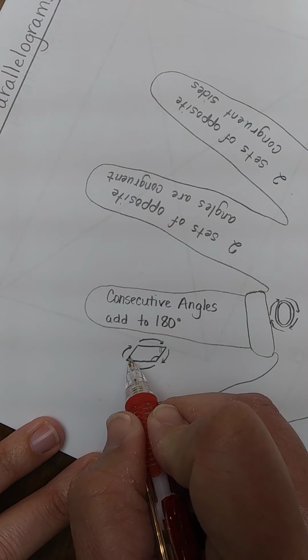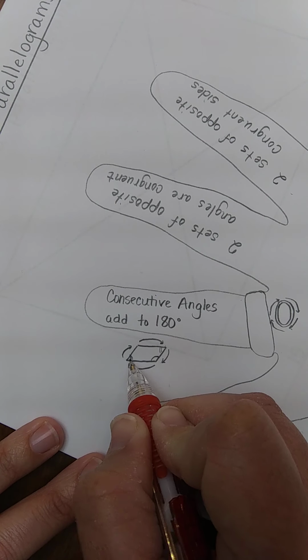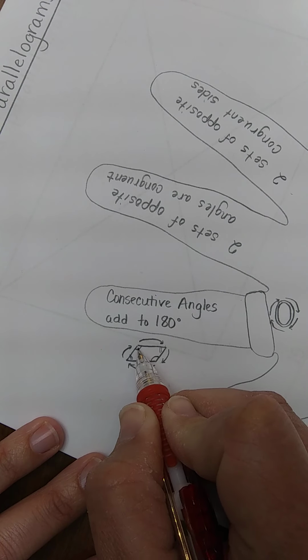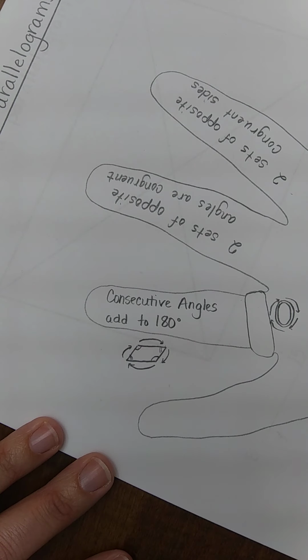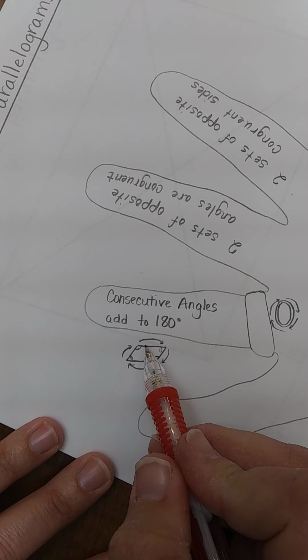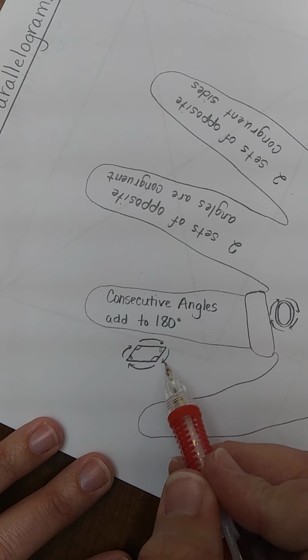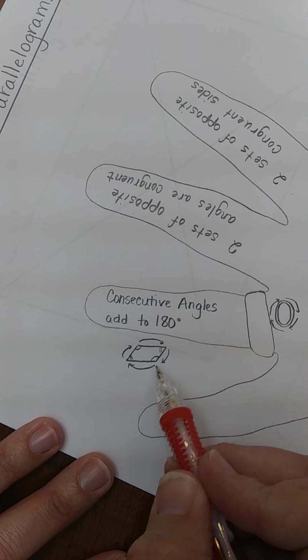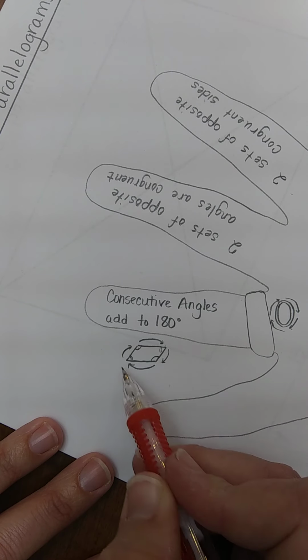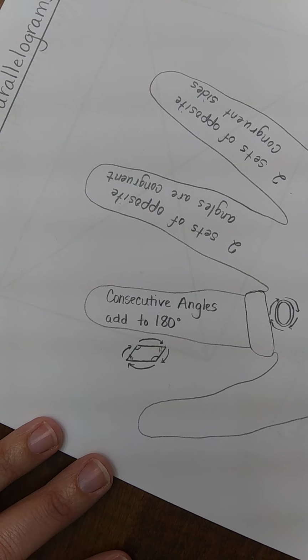And if this one's 100, then this one's 80. And if this one's 80, this one's 100. And if this one's 100, this one's 80. They have to keep pairing up to equal 180 degrees as you walk your way around the parallelogram. That's why I use the ring finger for that, because you're going around the parallelogram. Each pair is going to add up to 180 degrees.